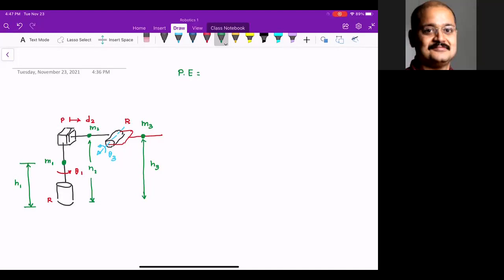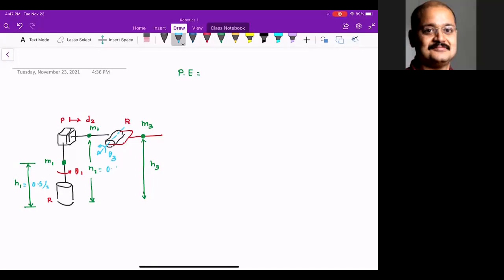So no matter what the value of theta 1 is, no matter what the value of d2 is, no matter what the value of theta 3 is, that height is going to remain constant. With that in mind, tell me what is h1. h1 is 0.5 by 2. Is that right? Yes.